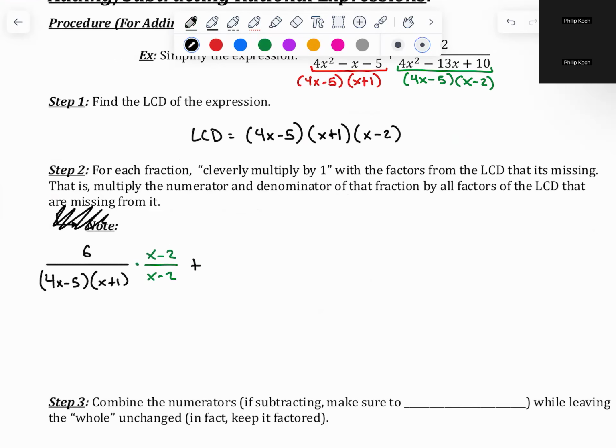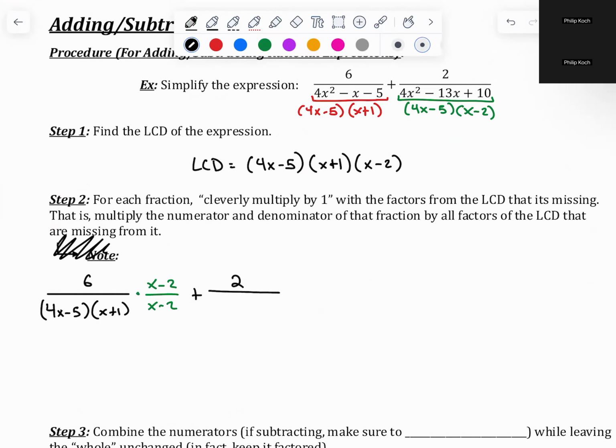Plus, the other one was 2 over, in its factored form, (4x minus 5)(x minus 2). What is it missing? It's missing the x plus 1, and that's it. It already has the 4x minus 5 and the x minus 2. So we'll just multiply this one by (x plus 1) over (x plus 1).